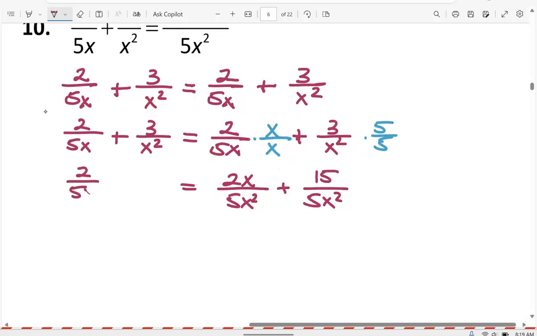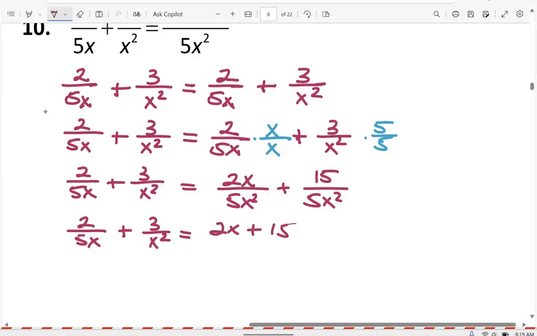Again, leaving the left side of the equation alone. And then on the right side, once we have two fractions being added with the same denominator, we can just add the numerators and keep the denominator. And now we have the statement that we were trying to prove, so we are done.